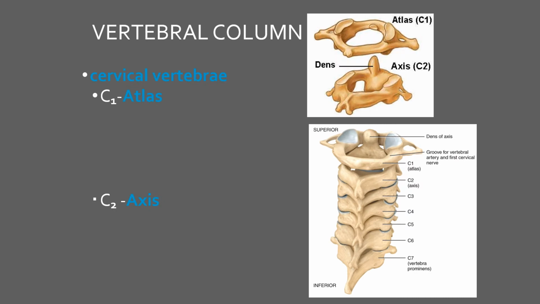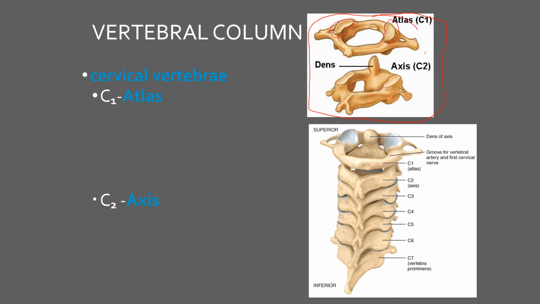All right, so we're going to take a look at the vertebra in more detail. Starting with your cervical vertebra, C1 through C7, at the neck, the first 2 vertebrae, C1 and C2, they look different than any of the other vertebrae. The C1 vertebra is going to have these articular facets.